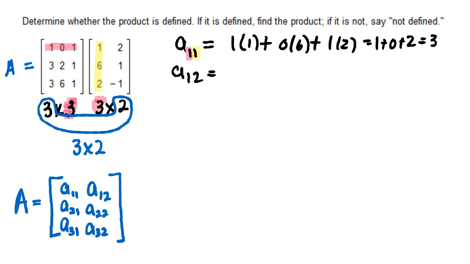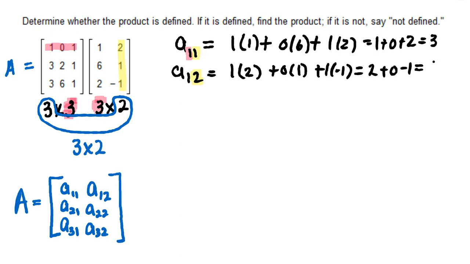A12 will use the second column instead of the first column. So this would be 1 times 2 plus 0 times 1 plus 1 times negative 1. That's 2 plus 0 minus 1, which is 1.